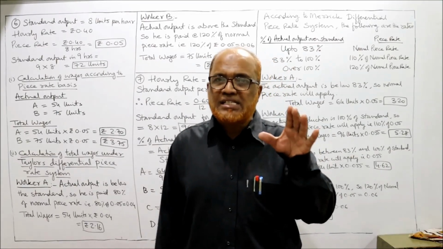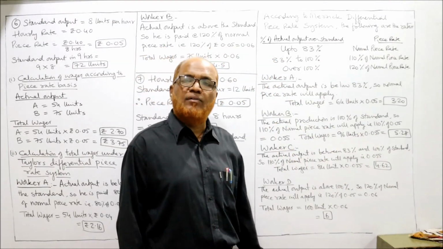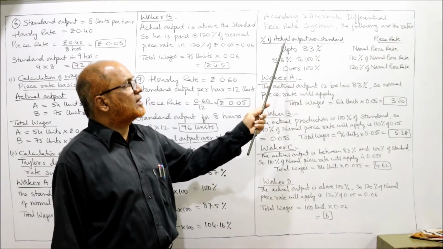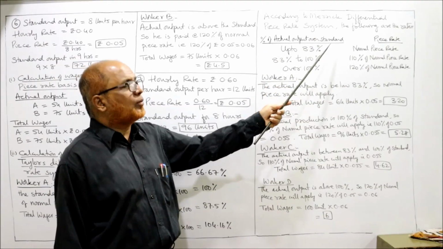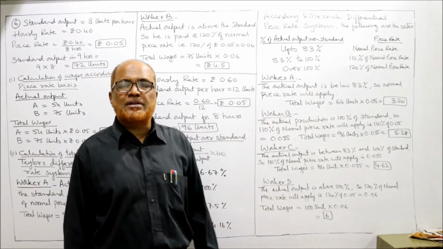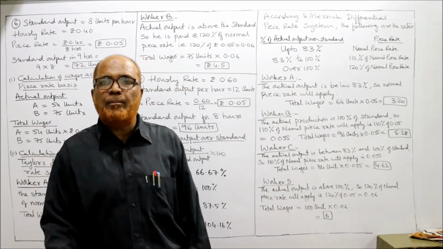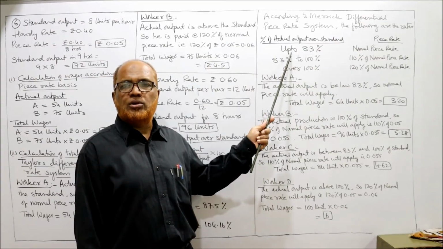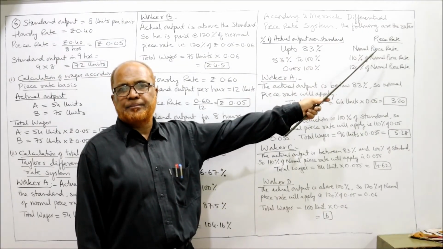Now we'll see what is the scale of rates given by Merrick. According to Merrick differential piece rate system, the following rates will apply. For percentage of actual output over standard up to 83%, normal piece rate will apply.